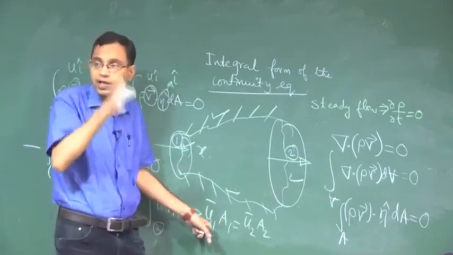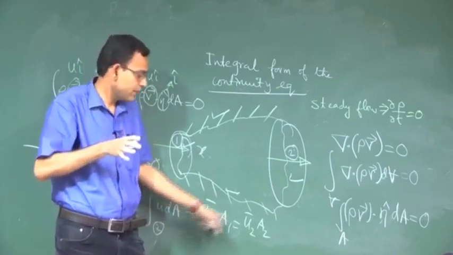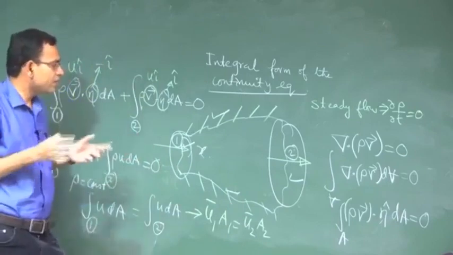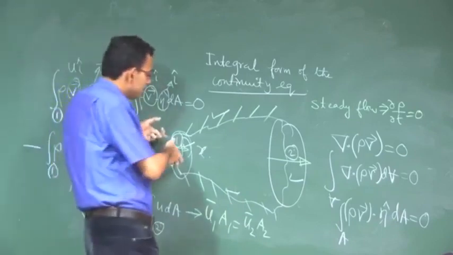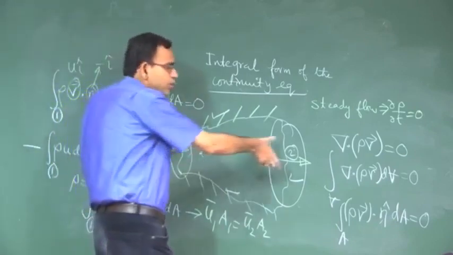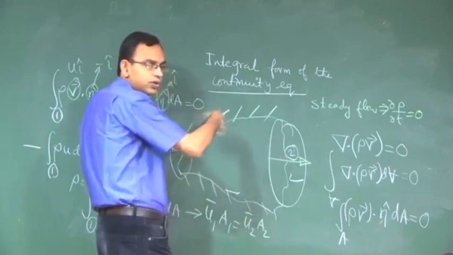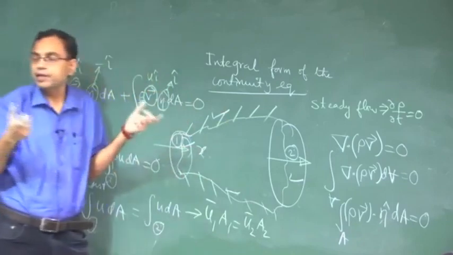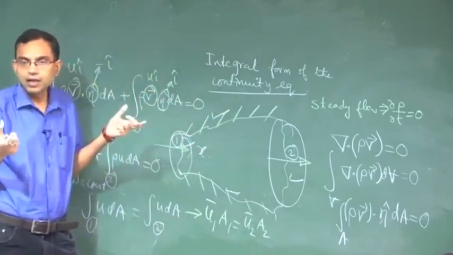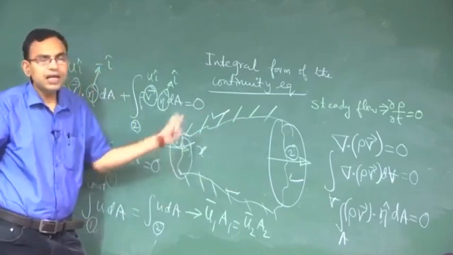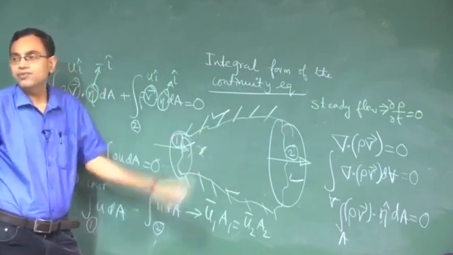No, this is the average velocity at section 1 and this is the average velocity at section 2. The beauty of this is that it is good enough to have unidirectional flow at these two sections. Inside you may have whatever 2-dimensional, 3-dimensional flow, it does not matter.